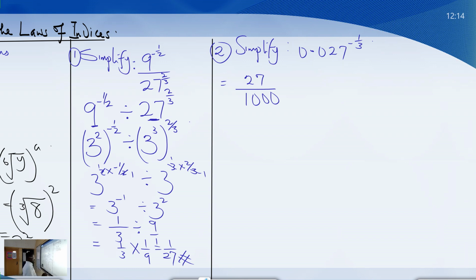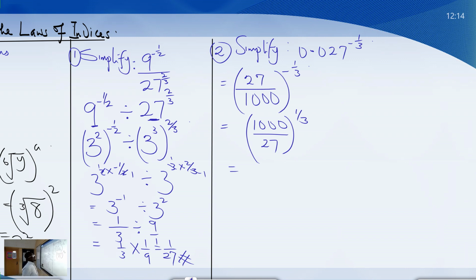So 27/1000 raised to power minus 1/3. So we need to get rid of that negative power, and we need to change it to positive. And I told us we can change it to positive by inverting the fraction. So this is 1000/27 and raised to power 1/3.